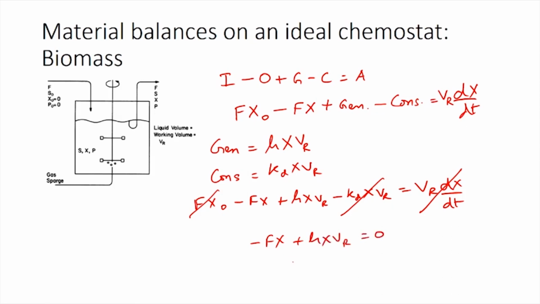From here we get F by Vr equals mu. This is also equal to D, the dilution rate. We already know that F by Vr is the dilution rate. So, by altering the volumetric flow rate to the system, we can alter the specific growth rate of the cells. This makes the chemostat a very useful tool for performing biochemical reactions.